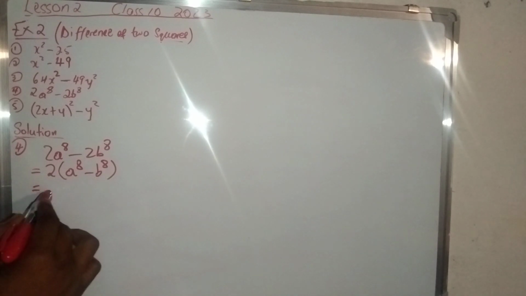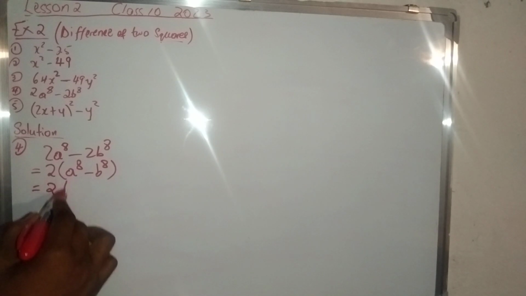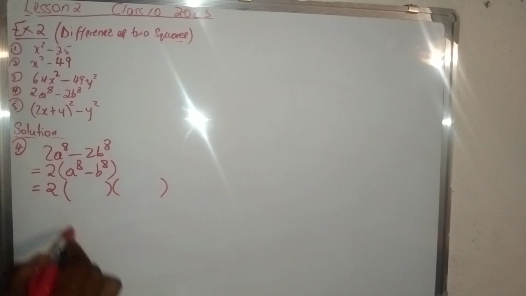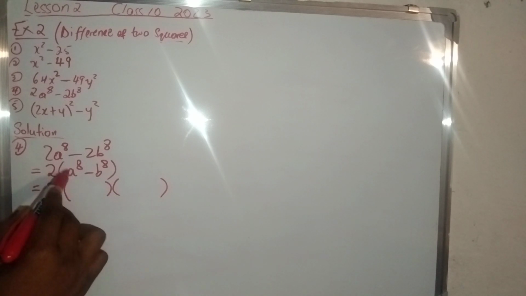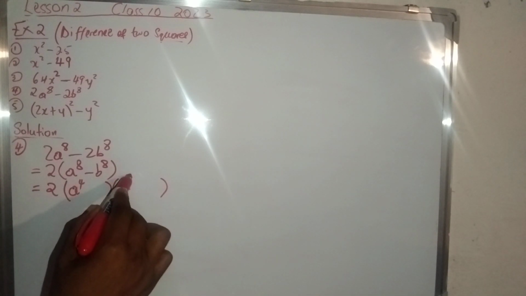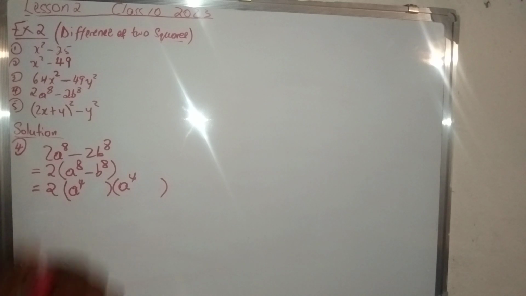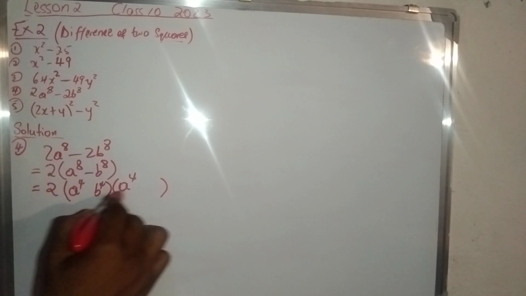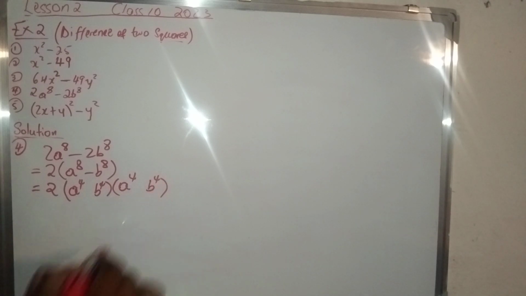So now let's say 2 and then open brackets, close and open, and we close. For us to get a to the power 8, it's going to be a to the power 4 and a to the power 4. And for us to get b to the power 8, it's going to be b to the power 4 and b to the power 4.